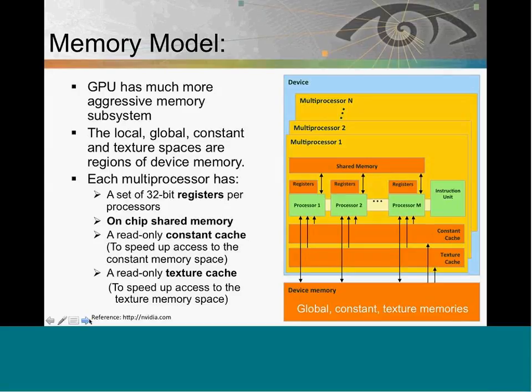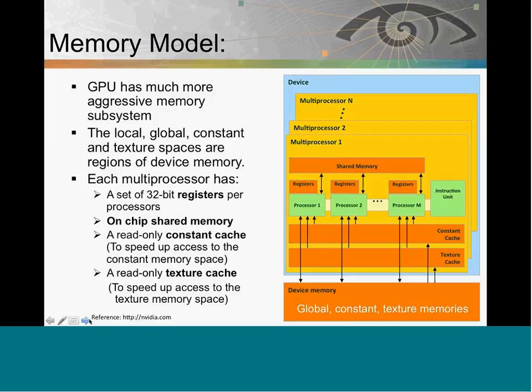Here is the memory layout. Each processor has its own register. Each multiprocessor has the shared memory, and processors within one multiprocessor can access the shared memory. Constant memory: each multiprocessor has a constant memory, but that is read only.